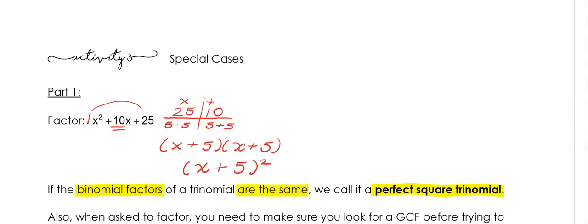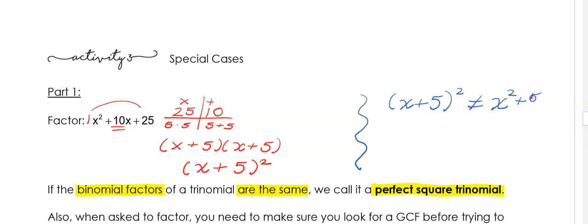Now, as a quick review, remember, back in the day, some of you thought that x plus 5 squared was x squared plus 25. You would think that you would just distribute. You can't because there's a plus sign. Now it's going to make sense to you even more because x plus 5 squared is x plus 5 times x plus 5.